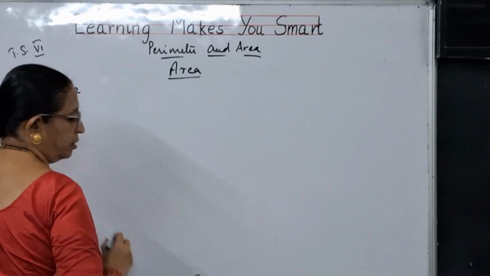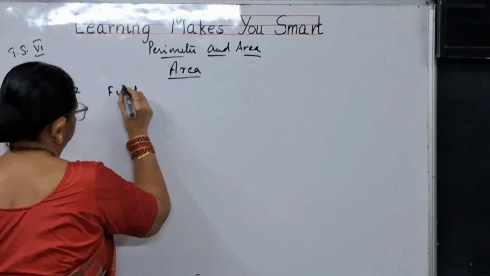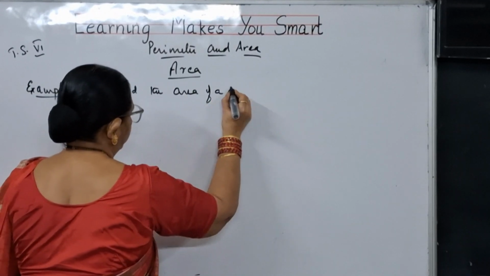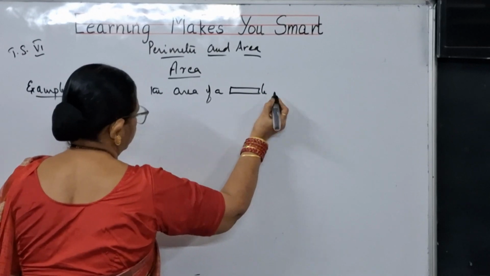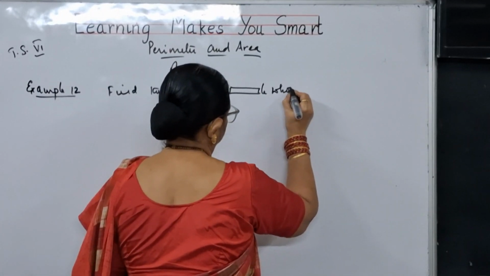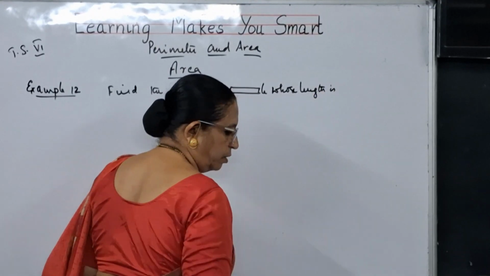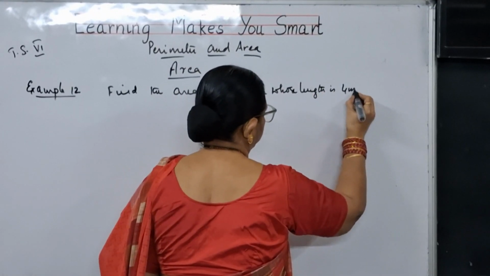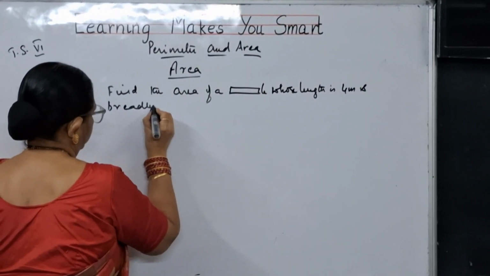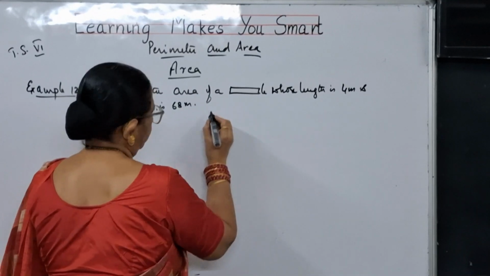Now the 12th one. Find the area of a rectangle whose length is 4 meters and breadth is 68 centimeters.